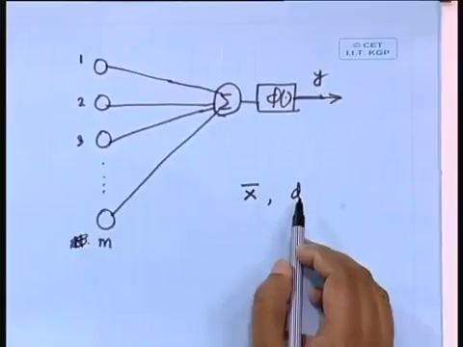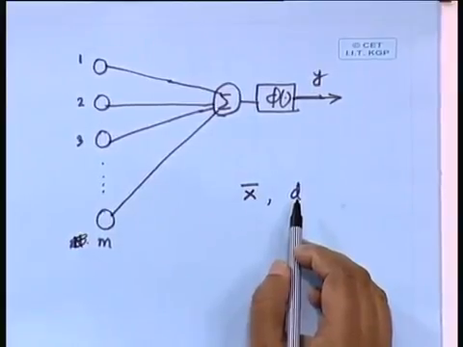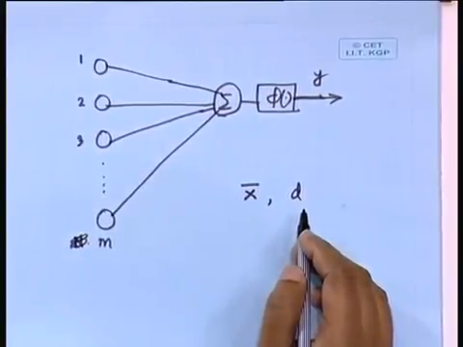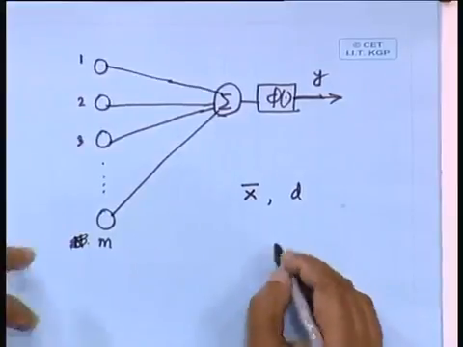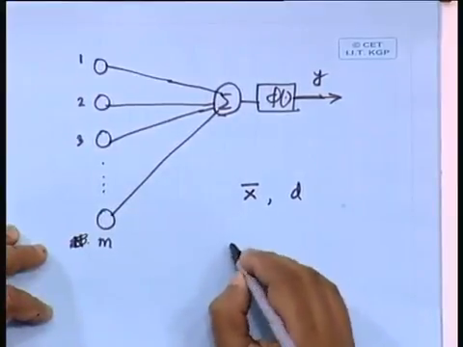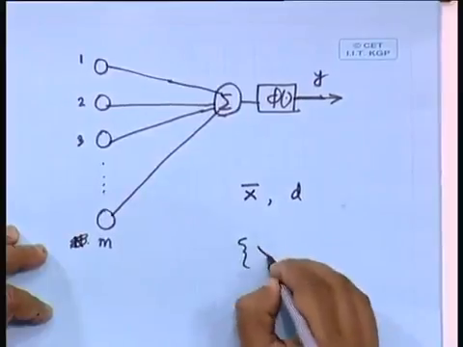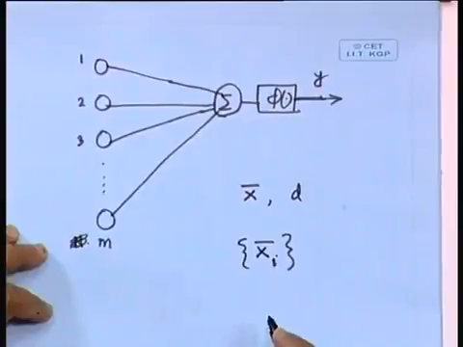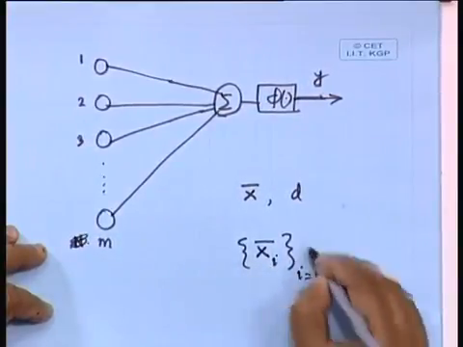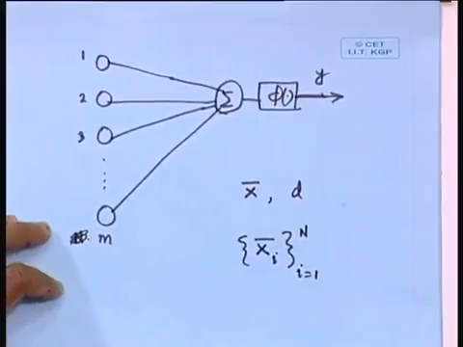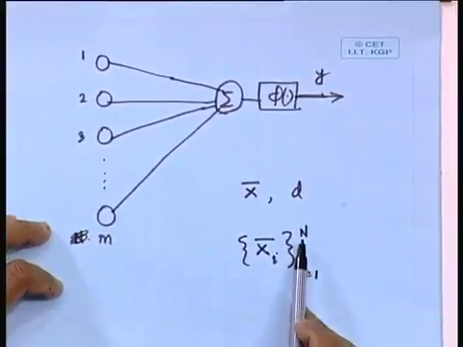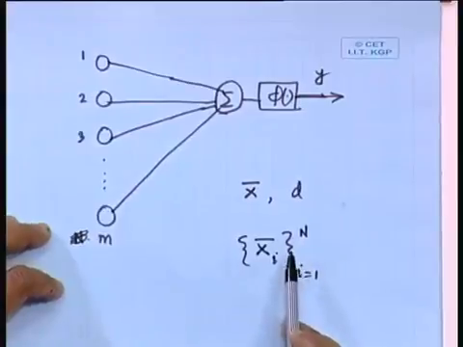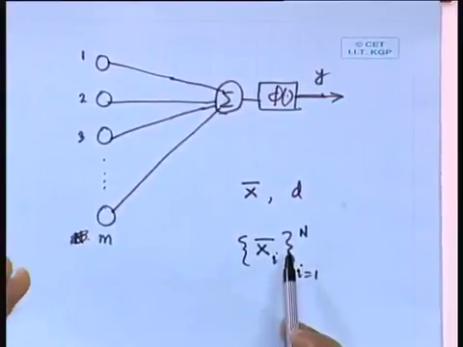Now, for a system behavior, we might have decided to store, let's say, n such patterns. So I have a set of these x vectors, which I call Xi, with i equal to 1 to n. This n indicates the total number of patterns that we are going to feed to the system.